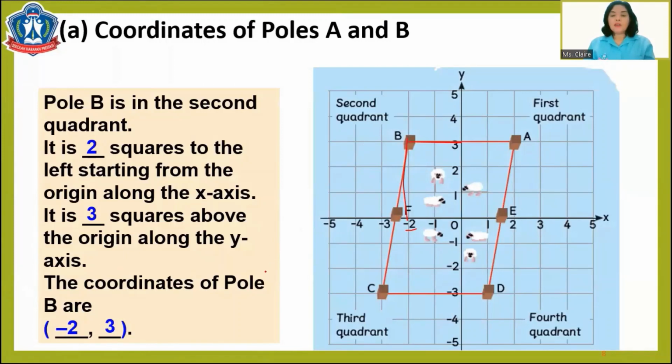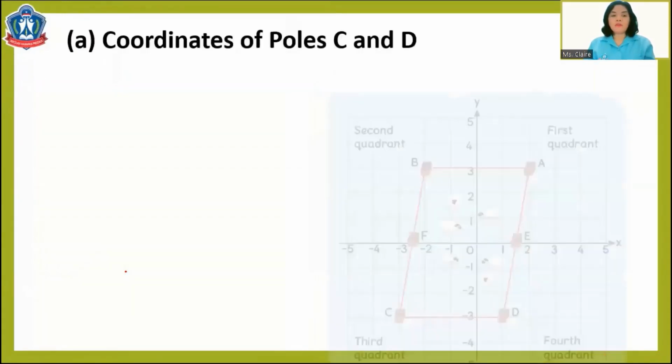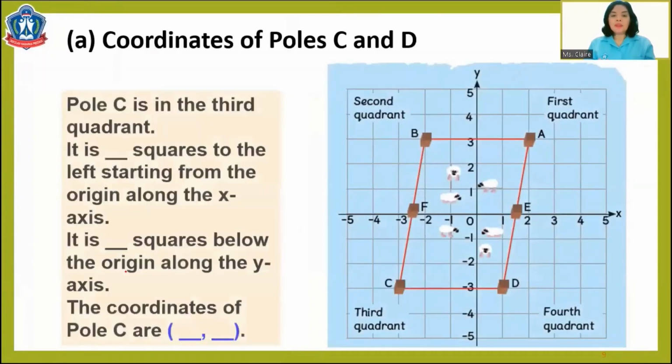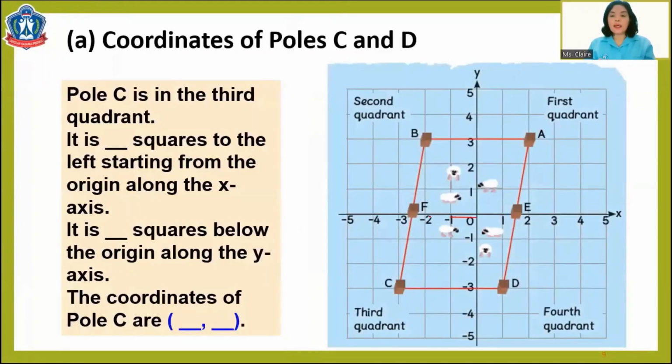How about pole C and pole D? Take a look. Pole C is how many squares to the left? There are 3 squares to the left starting from the origin, and it is also 3 squares downward along the y-axis. The coordinates are x = -3 and y = -3.